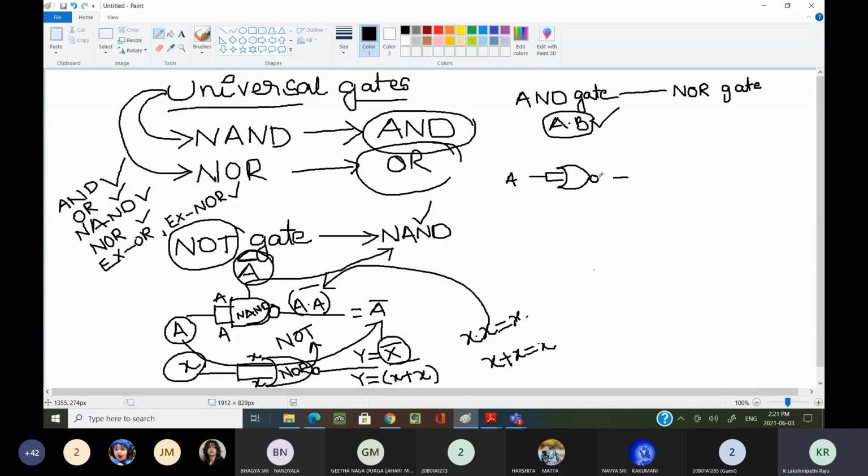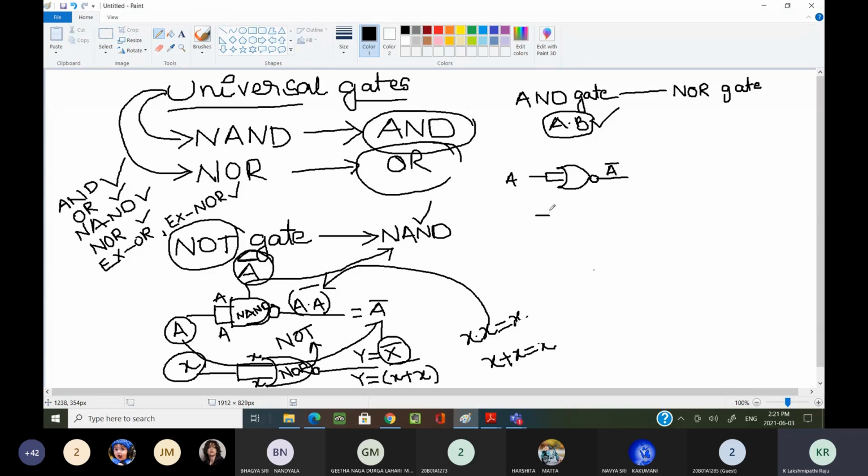Now this is my NOR gate. Now if I am giving A, what is the output I am getting? Please tell me immediately. A bar. Okay, very good. If I am giving A, I am getting A bar, A complement, as my output.